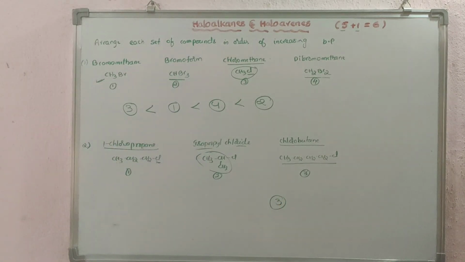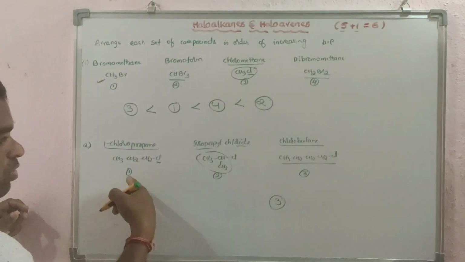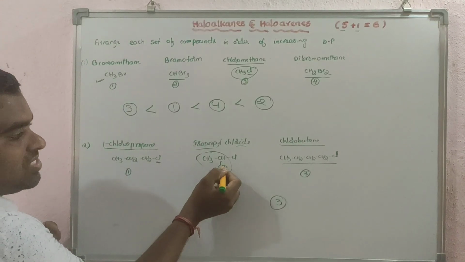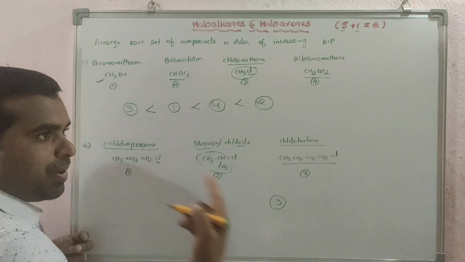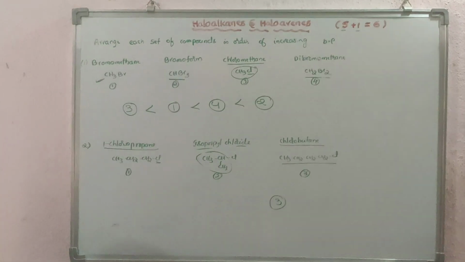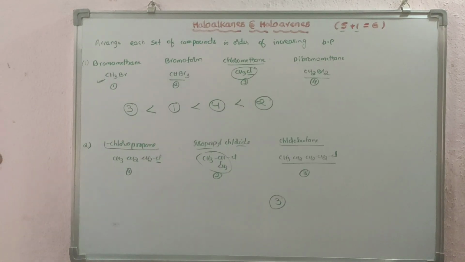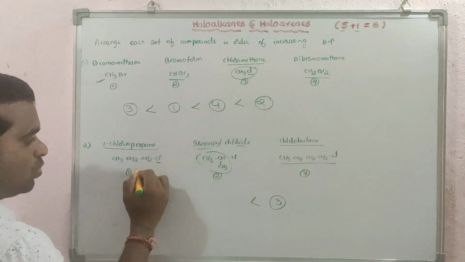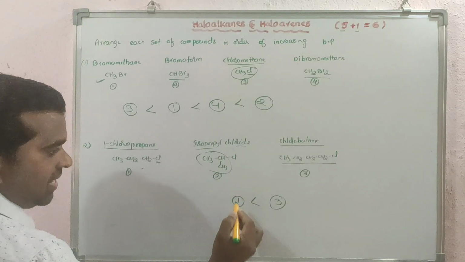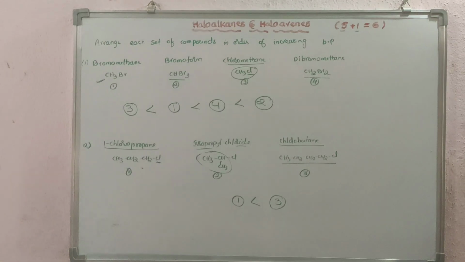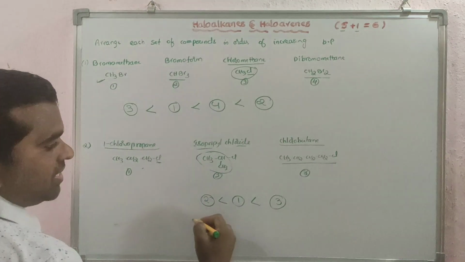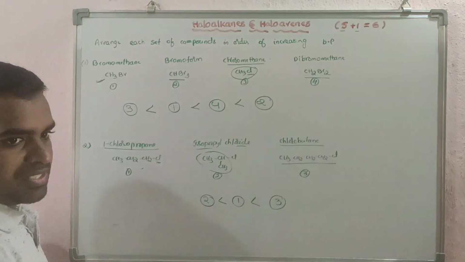Next, compare these two. This one has branching; here one branch has come. As branching increases, boiling point decreases. So this one will have the higher boiling point compared to these two, and the last one is the second. This is the increasing order of boiling points.